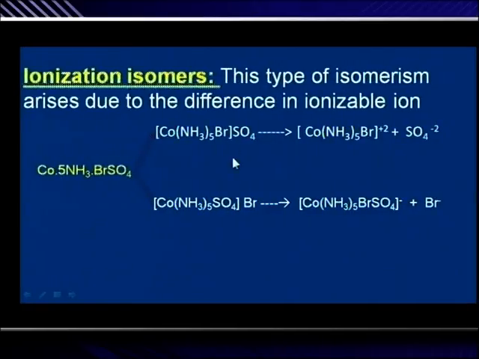Due to this small difference, they give rise to different ionizable ions. This type of isomerism arises when there is a difference in ionizable ions.